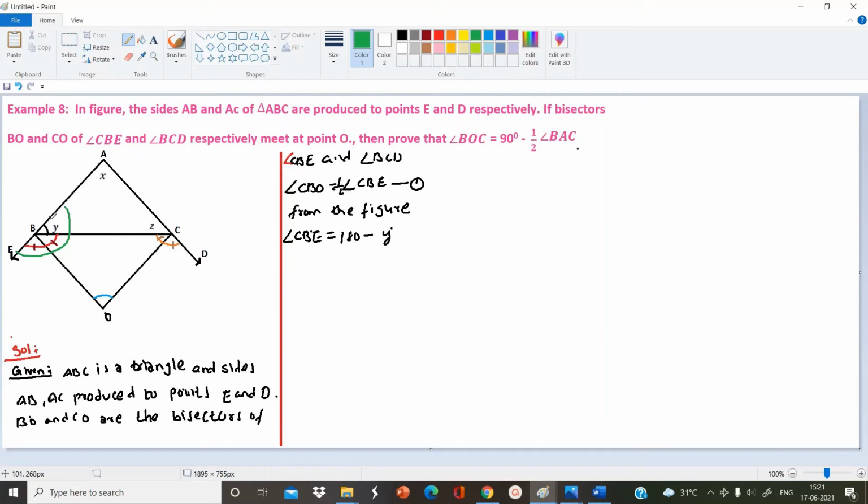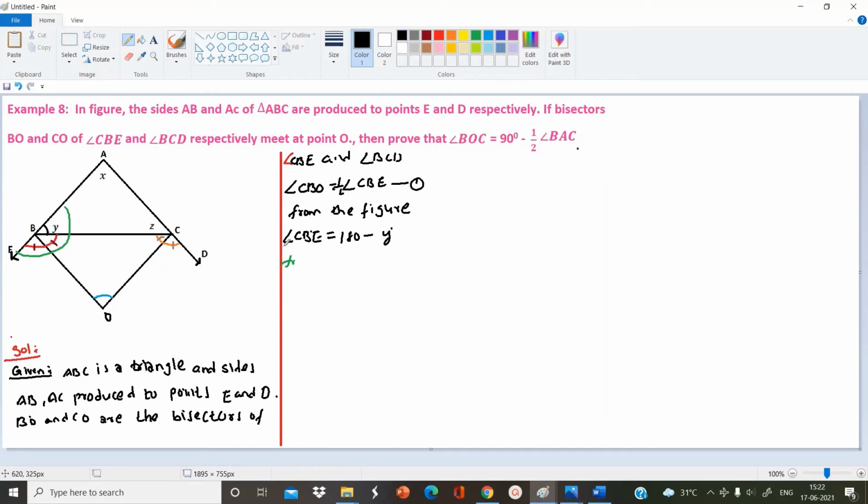From 180 degrees if we subtract y, we get angle CBE. So angle CBE equals 180 minus angle y.